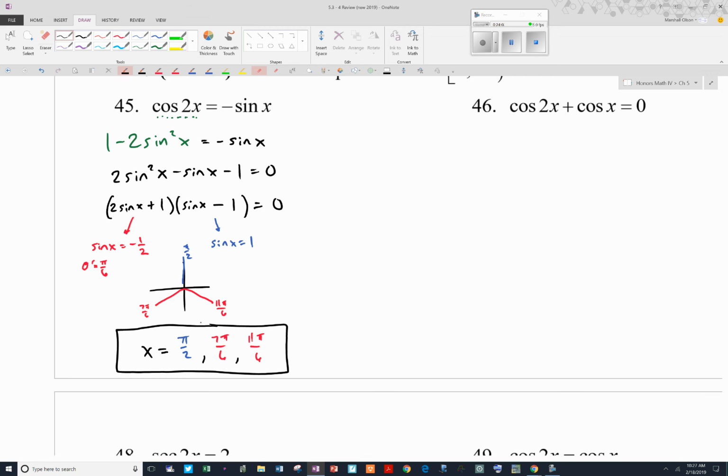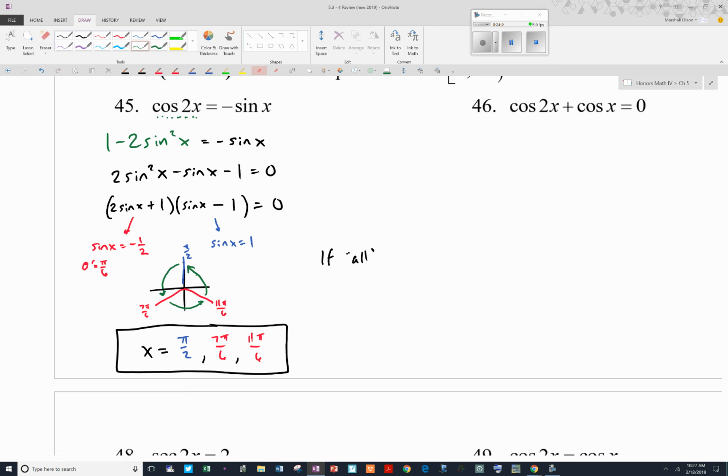Okay, if this were asking us to find all solutions, I just want you to notice that all 3 can be covered in one statement, because it would be the same amount to get from here to here, it looks like at least. I mean, the symmetry looks like it'd be the same amount. Let's just verify that it is.